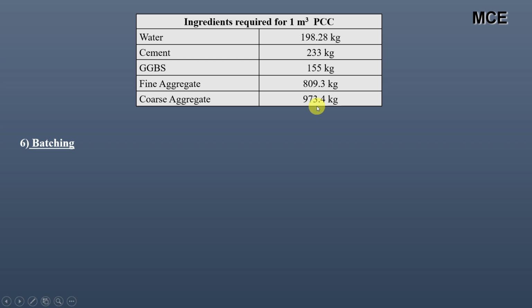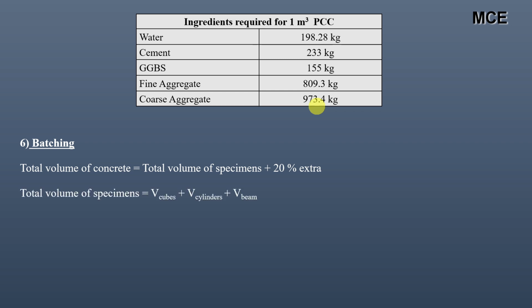Now we will use the weight batching because it's more accurate. So we have to prepare concrete equal to the total volume of specimens, and we will take 20% extra for losses. Okay, so total volume of specimen is volume of cubes, plus volume of cylinders, plus volume of beam. We are using 4 cubes, so 4 into 0.15 cubed.